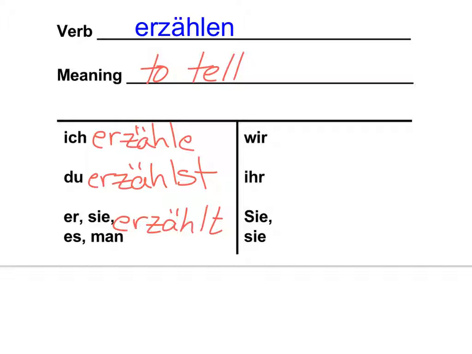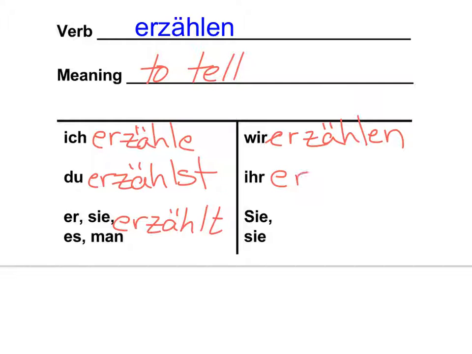What's that one going to be? Erzählen. Yep. Everybody try that one. Wir erzählen. What about ihr? Erzählt.